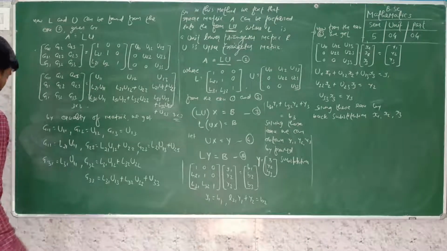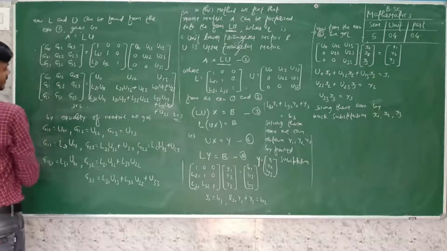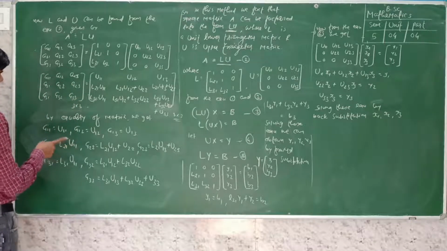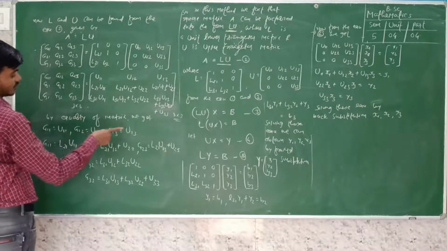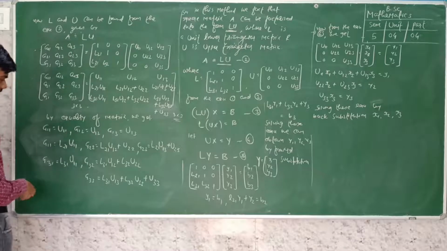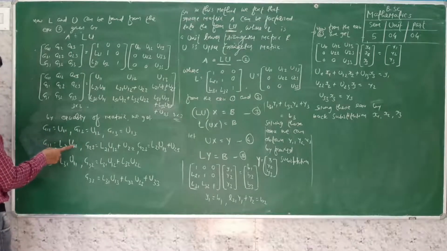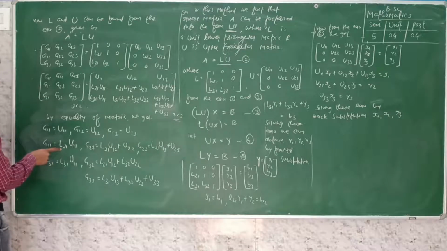So by equating the matrices, we can get the values of U11, U12 and U13. Put this value of U11 here, we can retrieve the value of L21.